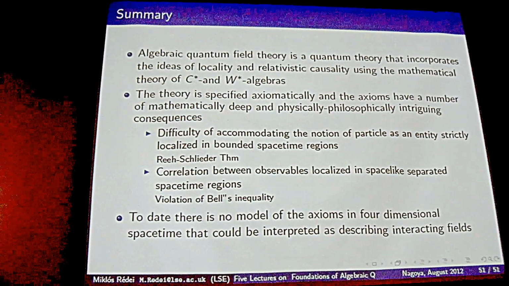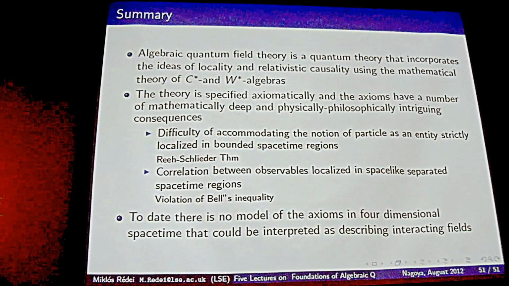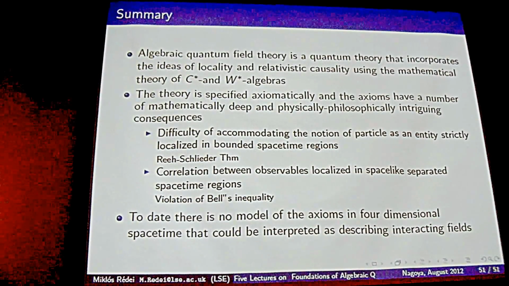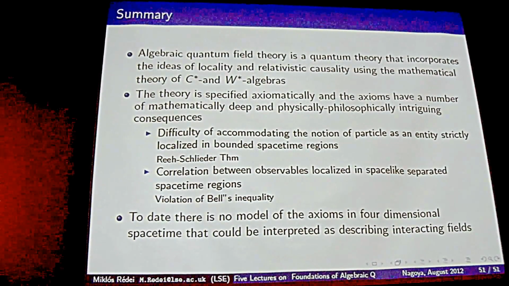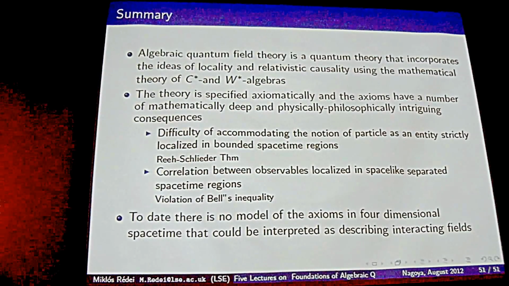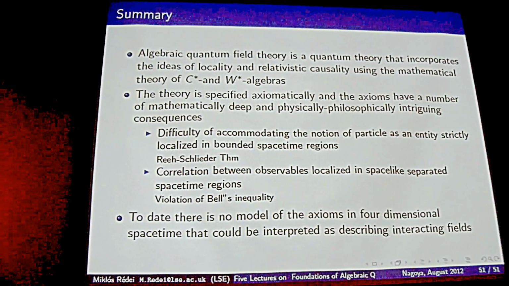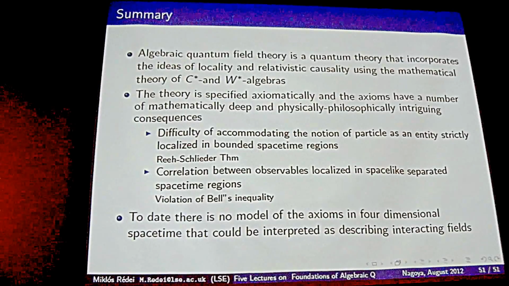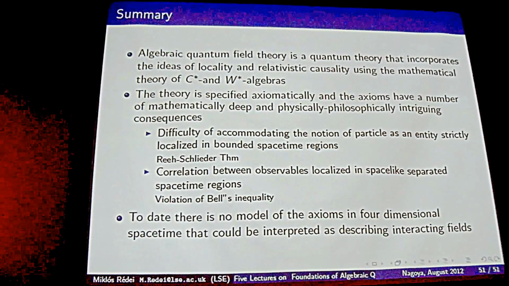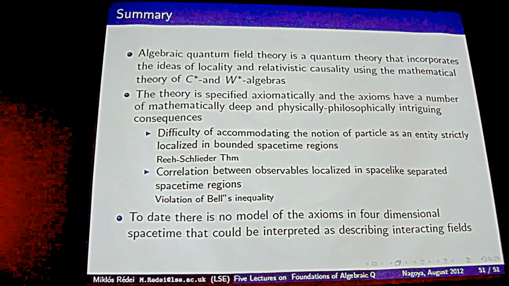Okay, these are a couple of slides which are left over from the previous talk, so let me just summarize this lecture here. I claim that algebraic quantum field theory is a quantum theory that incorporates the ideas of locality and relativistic causality using the mathematical machinery of C-star and W-star algebras.